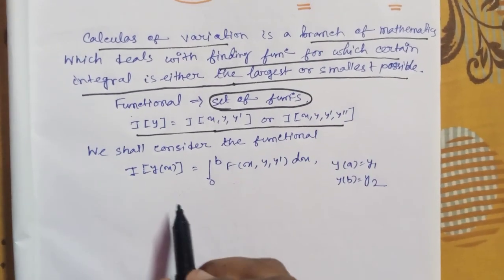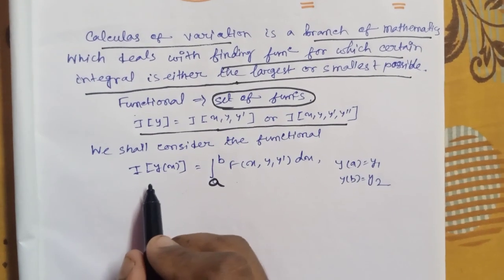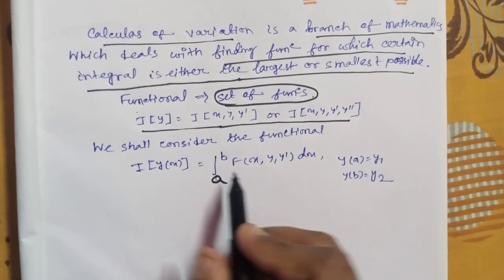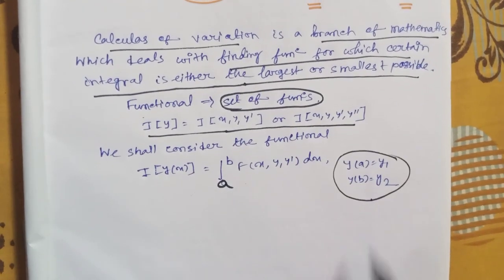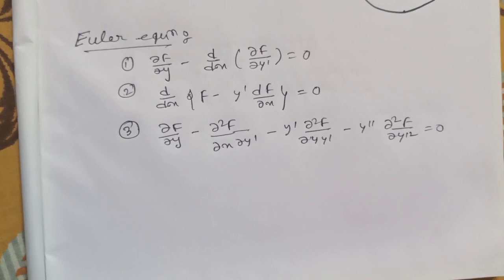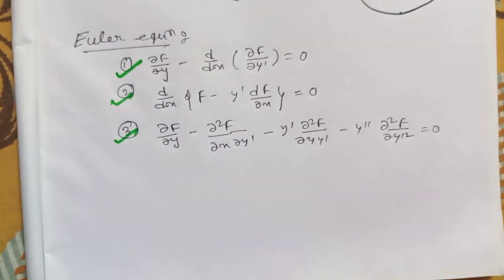We shall consider the functional as I[y(x)] equal to integration a to b f of x, y, y dash dx, with boundary conditions. There are three types of Euler equation: number 1, number 2, and number 3.